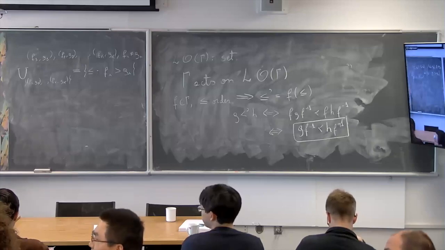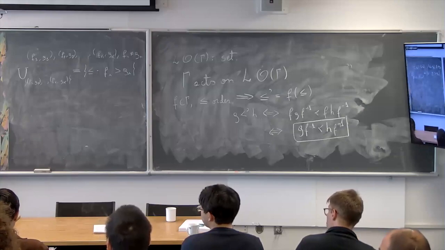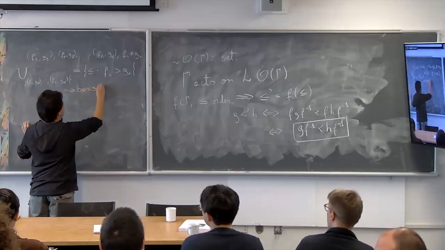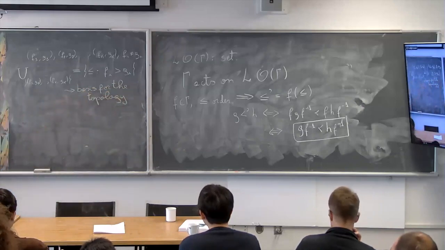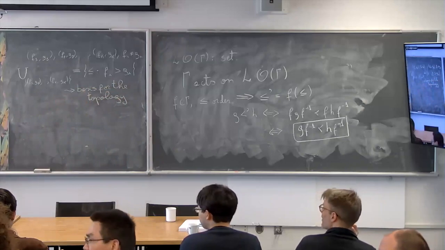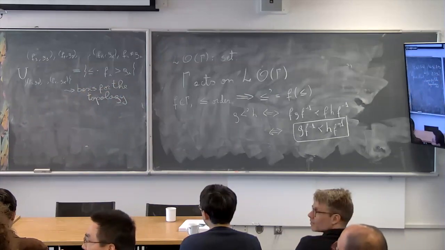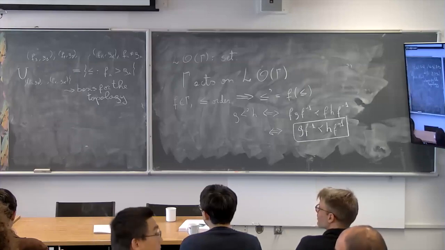So this is a basis for the topology. I think it's a basis, no? It's called a basis. So it means that the open sets are unions of things like this. Yeah, exactly. This is the basis for a topology. Yeah, makes sense. You know, I'm trying to understand. So open means two things are in the same open set. So an open set is a union of these.